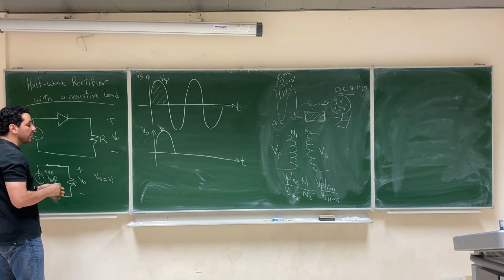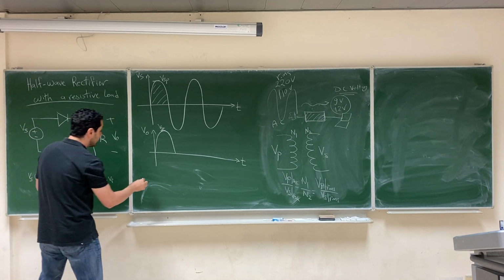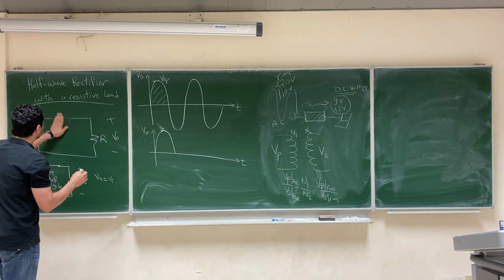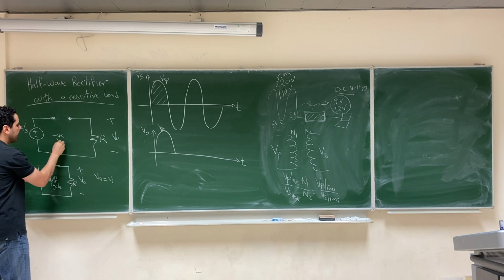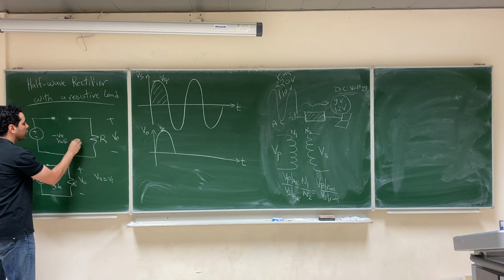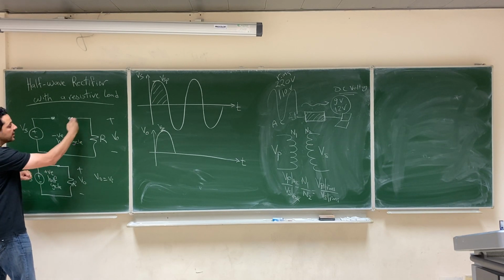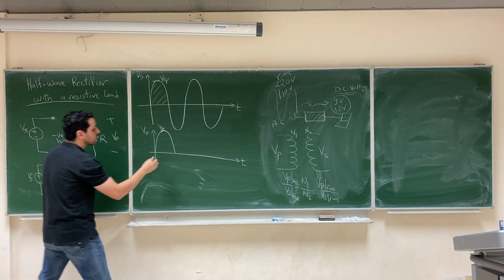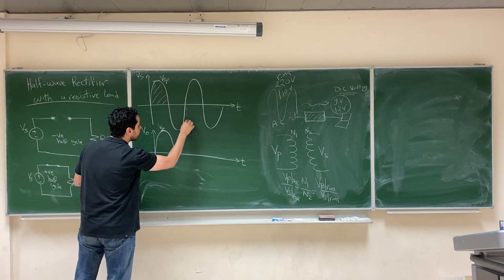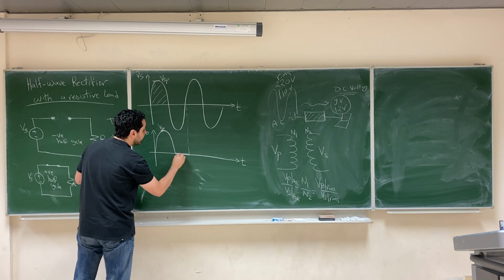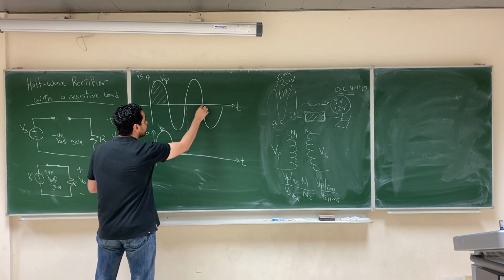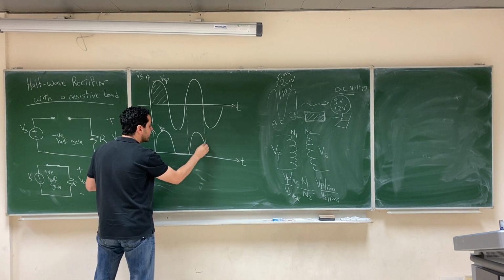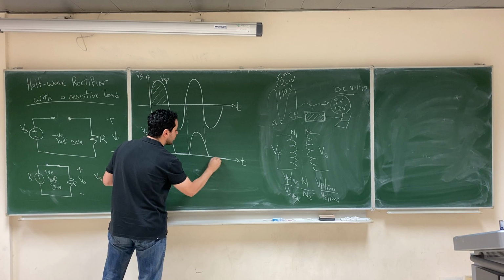And if it works as an open circuit, then there is no current in this circuit, and V output will be 0. So during the negative half cycle, V output will be 0. Again, in the positive half cycle, V output will be equal to V input. In the negative half cycle, V output will be 0.